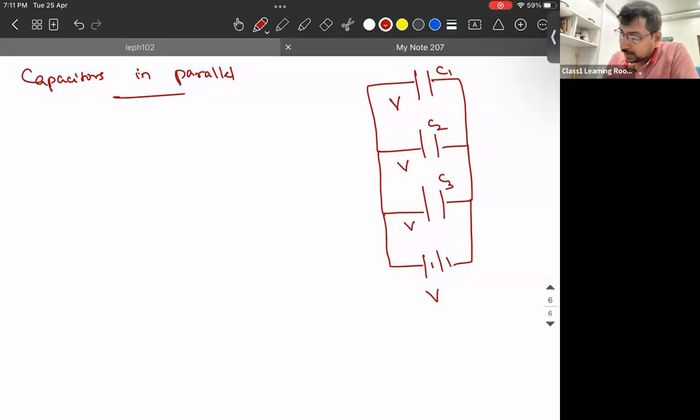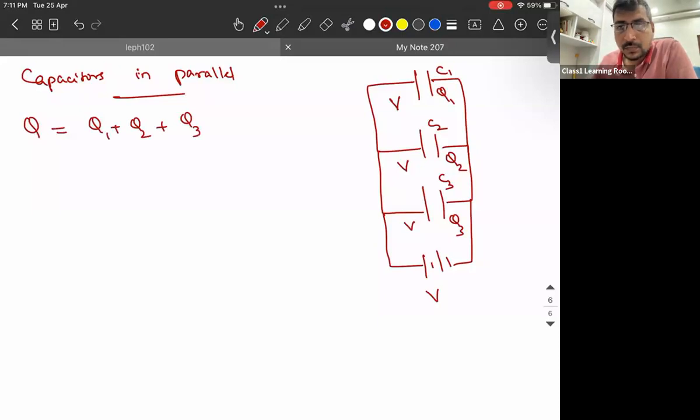But what will happen to the charges is charges will be Q1, Q2, and Q3, so that the total charge supplied by the battery Q will be equal to Q1 plus Q2 plus Q3. So what is the value of Q?